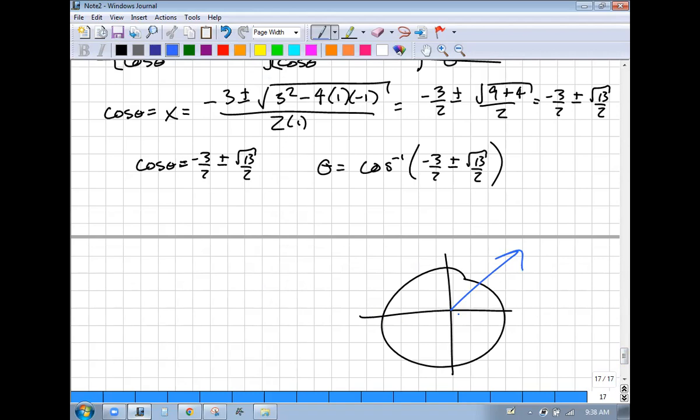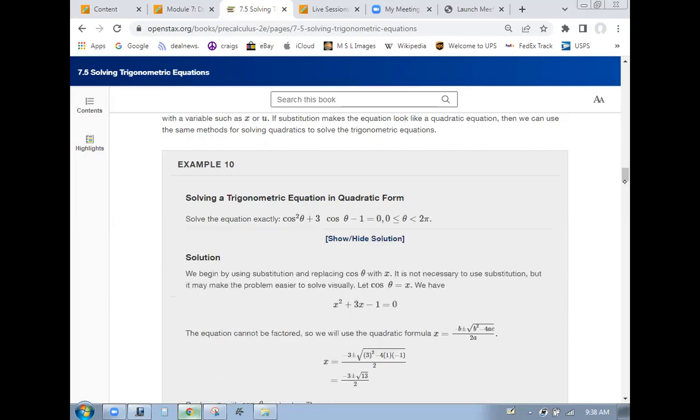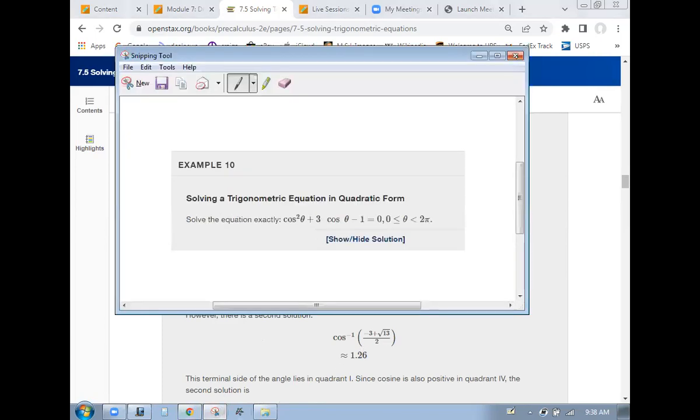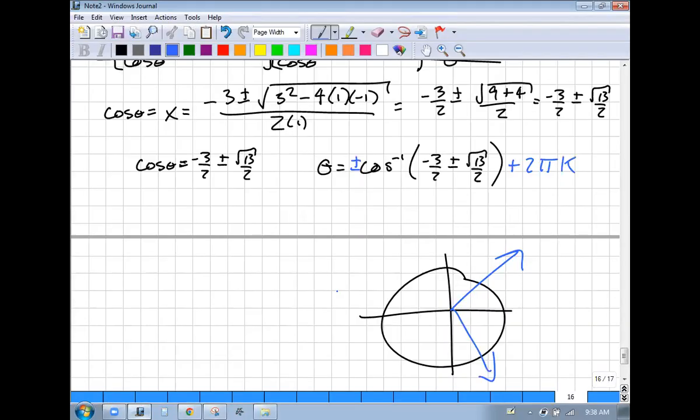But we also have to recognize theta could be this one as well. So theta would be plus or minus that plus 2 pi k. Now the book wants you to use a calculator, right? So let's see what that number is. So this big stupid number, if you take cosine inverse of it, it's 1.26.